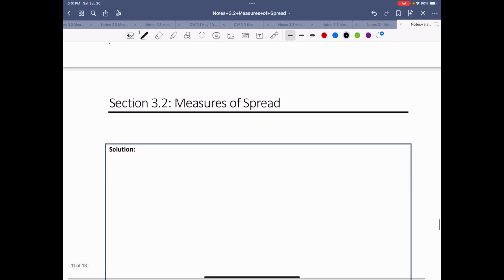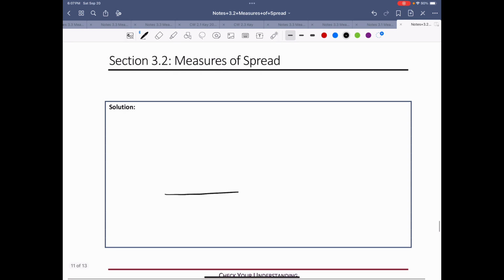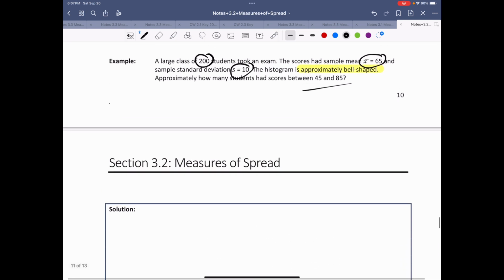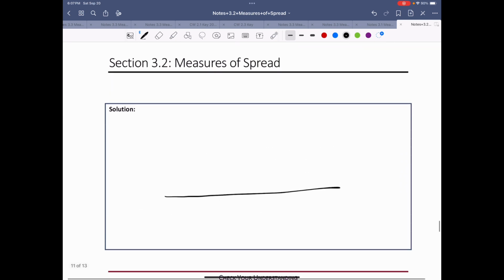All right, so I'm going to come down here and I'm going to make a curve. And my mean is 65. My mean is X bar this time, and my standard deviation is 10. Sketch in your curve.